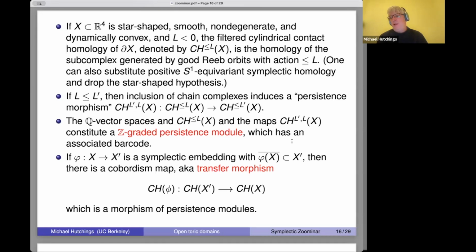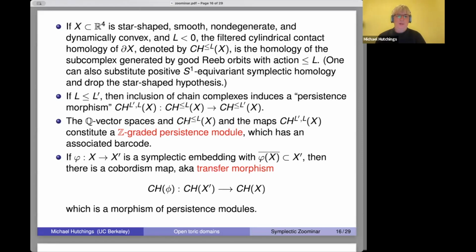So everybody has a slightly different definition of what's a persistence module, but what I mean by this is basically you have these finite dimensional vector spaces, you have these maps. These maps have to be functorial. So if I had a third value of L, then these maps would compose. And you assume some finite dimensionality.